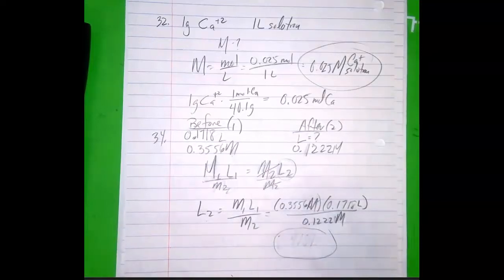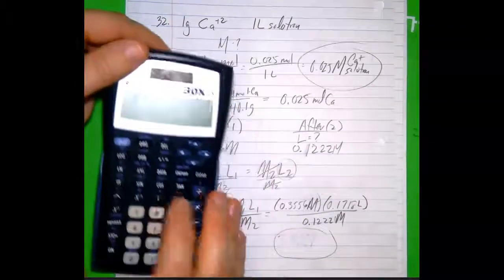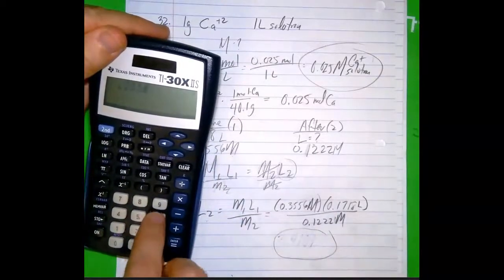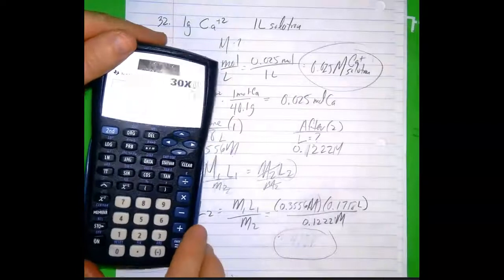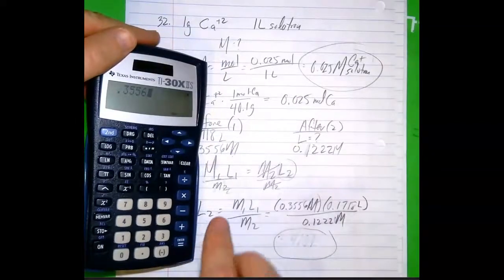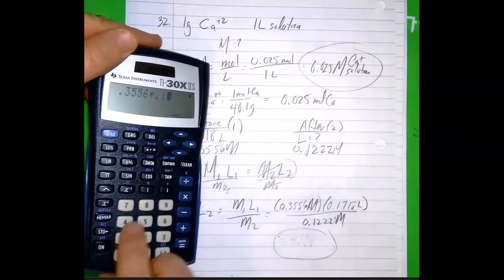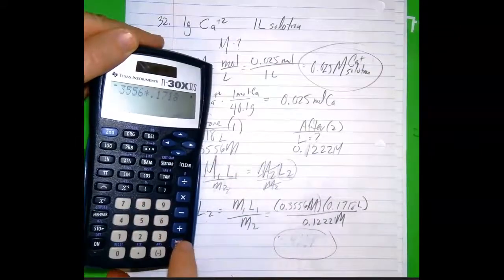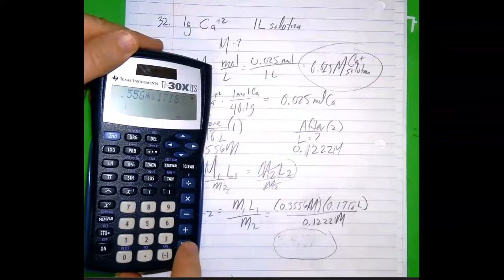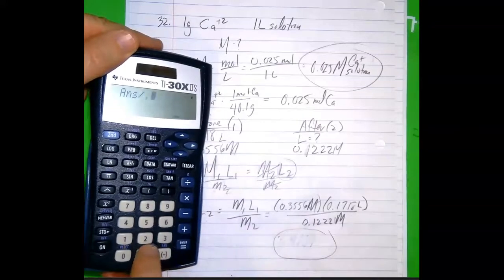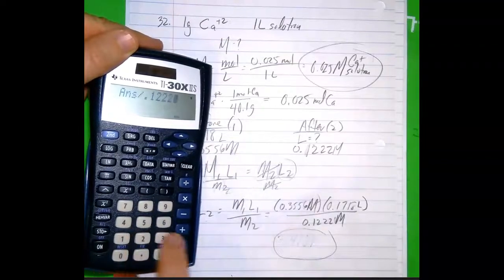Do we need to convert? No, we don't. So we just plug in right here, go to our calculator. We put 0.3556, there it is, times 0.1718 equals, now I'm going to divide by the bottom, divide by 0.1222 equals.